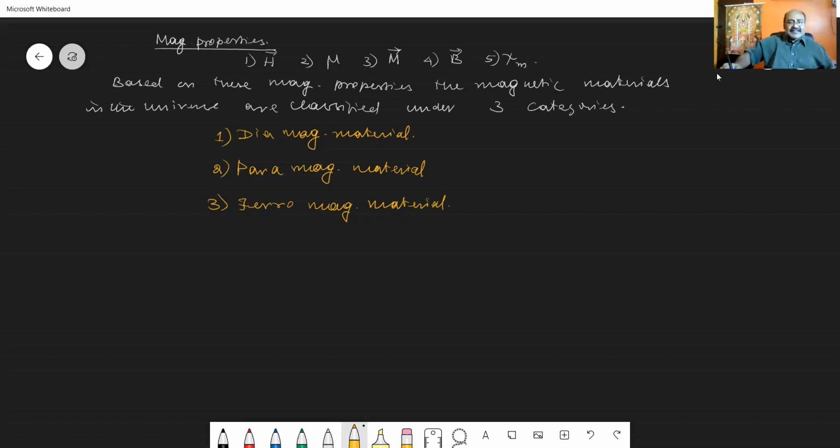So out of these three, let us explain how we can consider the diamagnetic, paramagnetic and ferromagnetic properties of different materials. First of all, I am considering the diamagnetic materials. How will a diamagnetic material behave separately and inside a magnetic field? I have to explain.